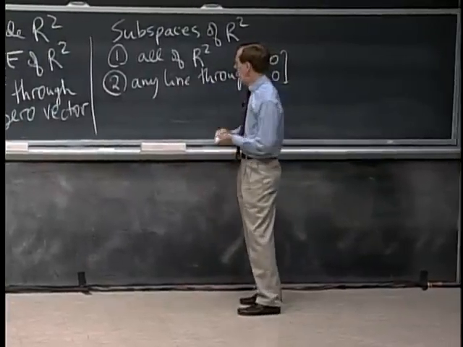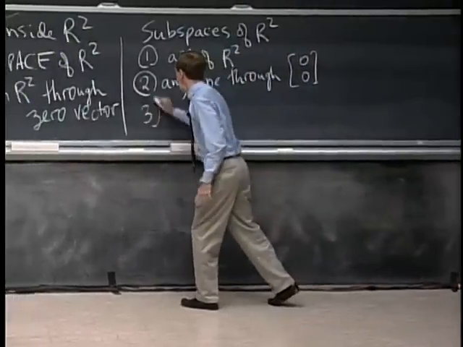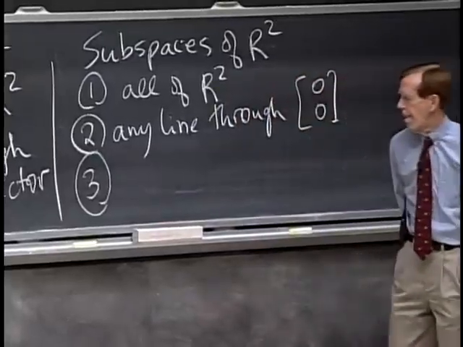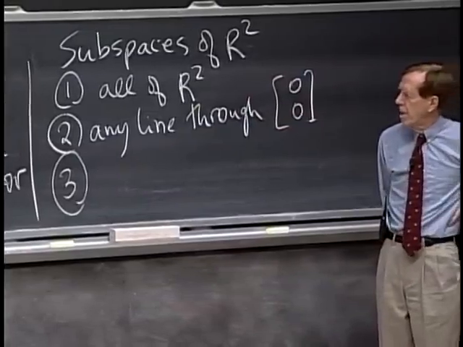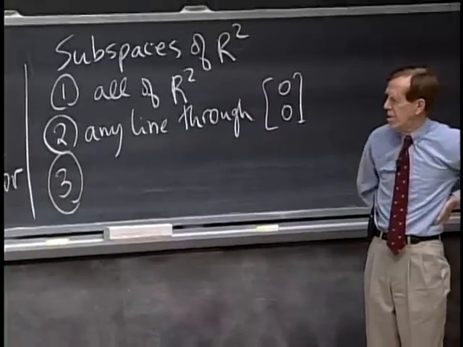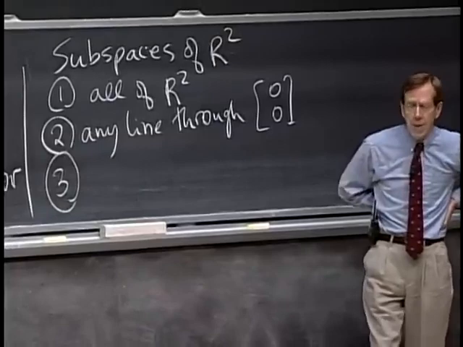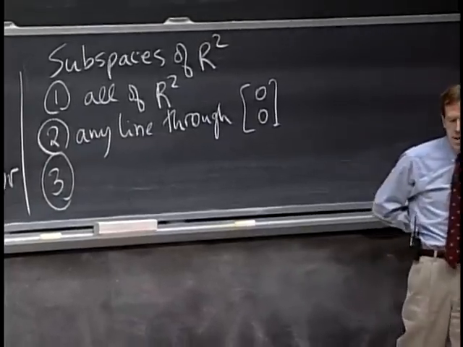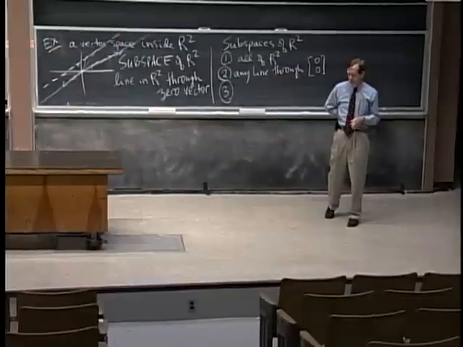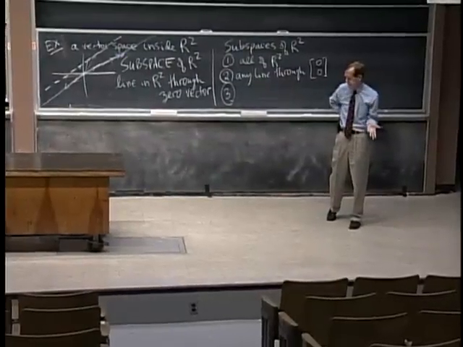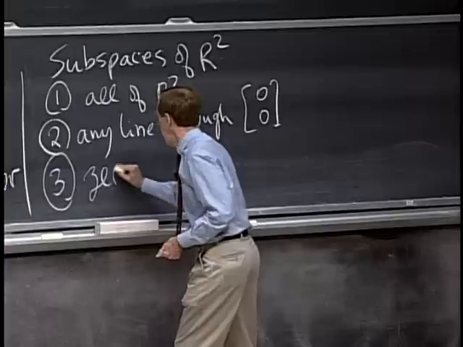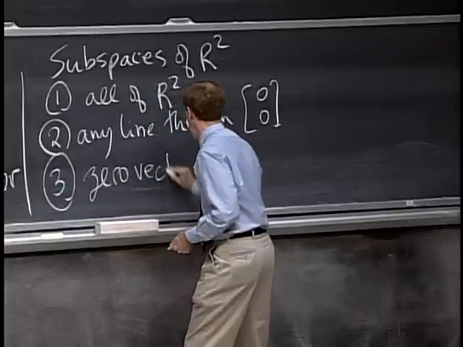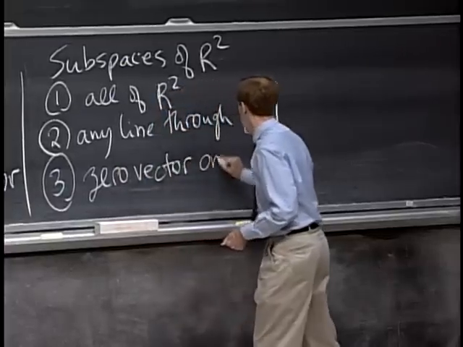Okay. And now there's a third possibility. There's a third subspace of R2 that's not the whole thing, and it's not a line. It's even less. It's just the 0 vector alone. The 0 vector only.